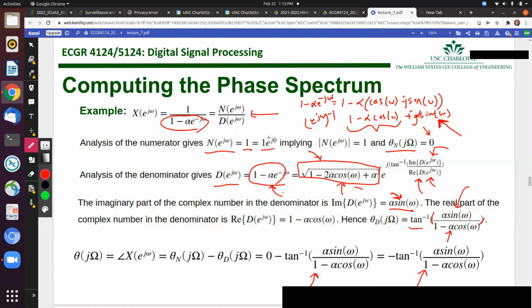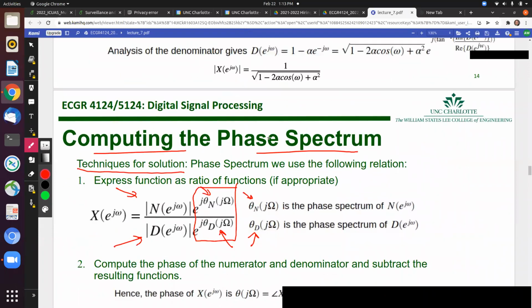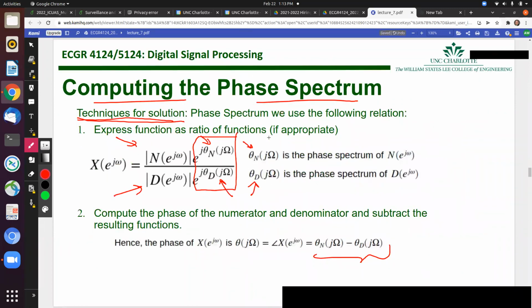Then you put all of the imaginary components in the numerator and all the real components in the denominator. You take the arctangent of that, and that's how you get the phase response. So just a reminder on that. These are techniques for computing the phase spectrum. If you get asked to calculate a phase spectrum for something, this is what I recommend you do.